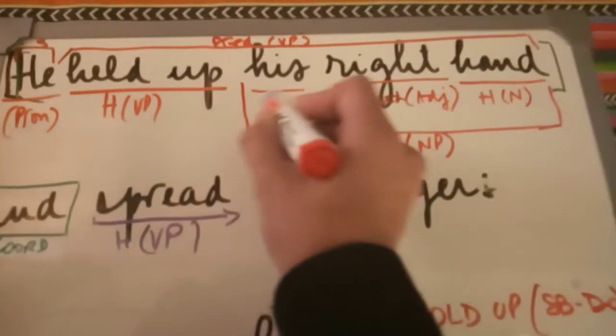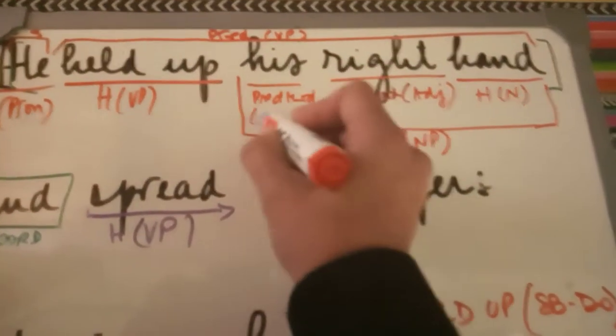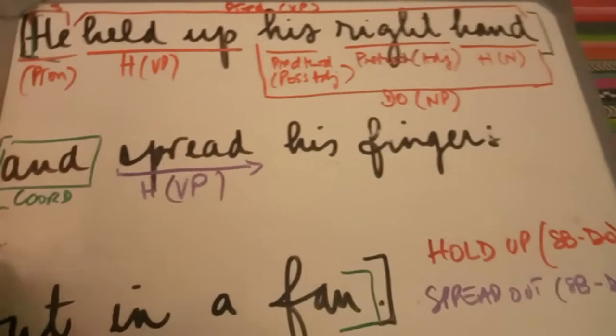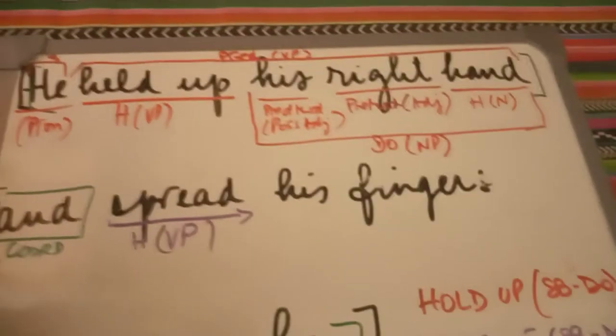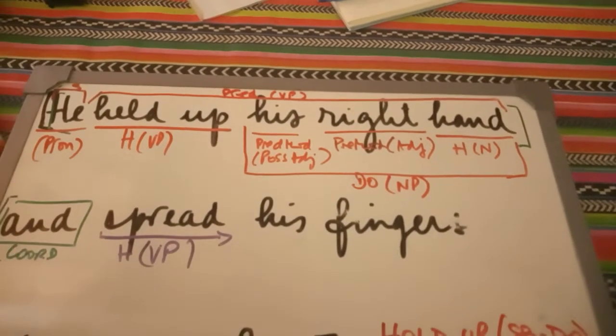And then here we have another pre-modifier, which is a possessive adjective. All right? And with this, we have all the constituents required by the verb. Okay?